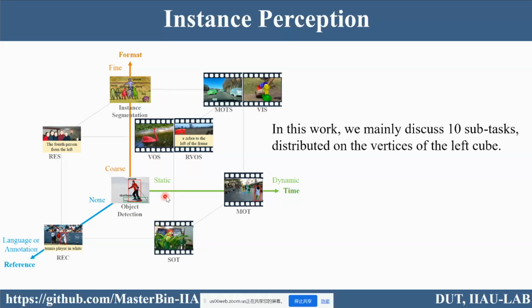Then by changing the inputs from static images to dynamic videos, we can obtain MOT, MOTS, and VIS tasks. Finally, when given some extra reference information, such as language expression and target annotations, we can obtain REC, RES, and SOT, VOS, RVOS tasks.